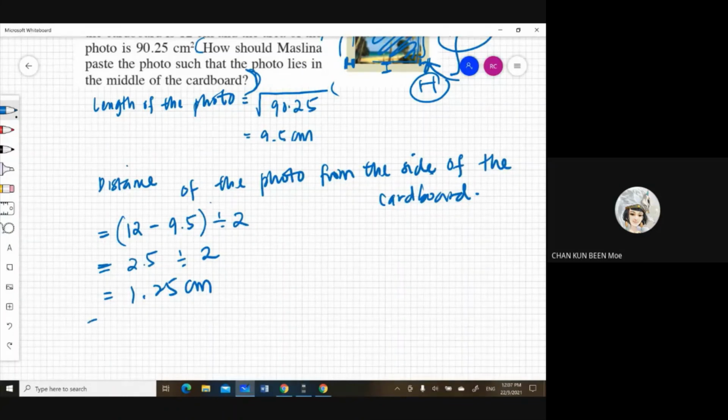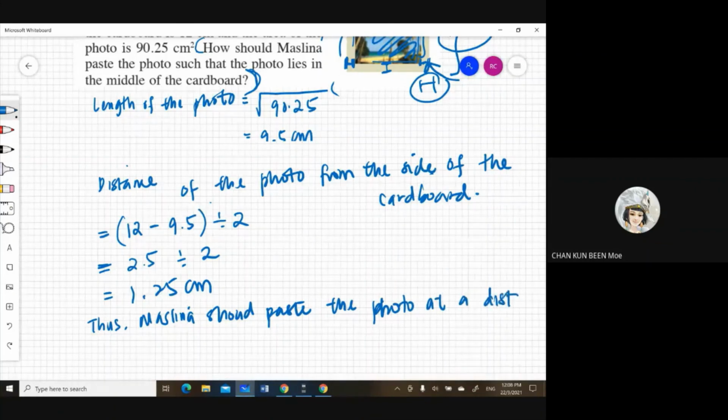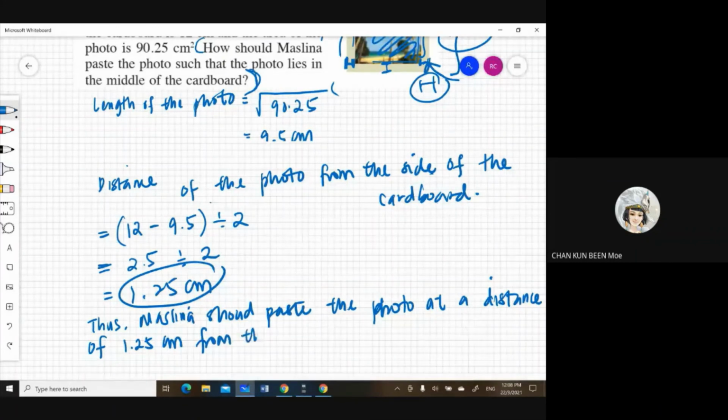So you can write down that Maslina should paste the photo at a distance of 1.25 centimeter from the side of the cupboard.